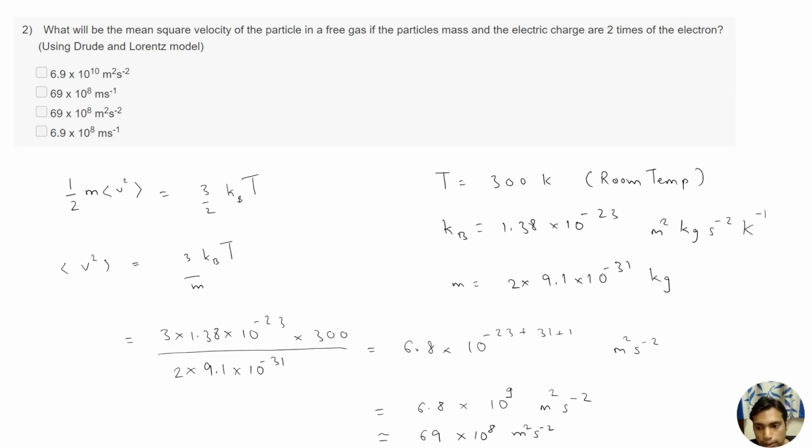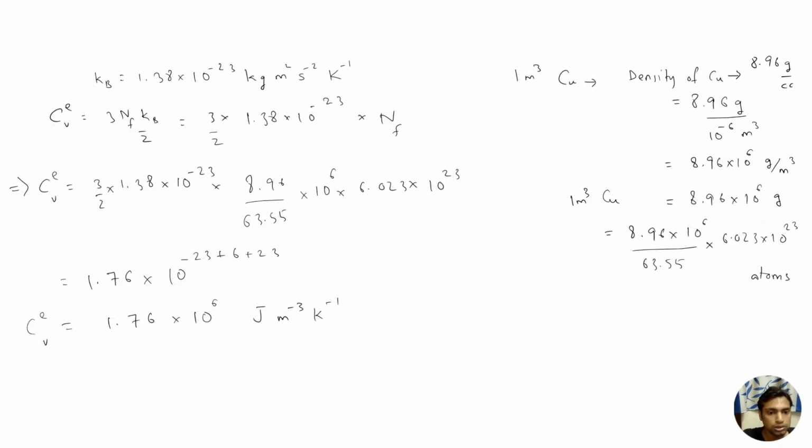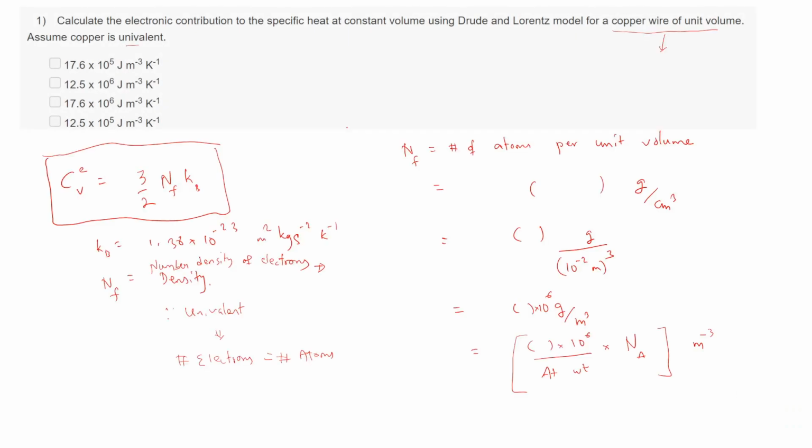It was 1.76 into 10 to the power 6, which is 17.6 into 10 to the power 5. So this is your correct answer. Got it? Yes, sir, got it.